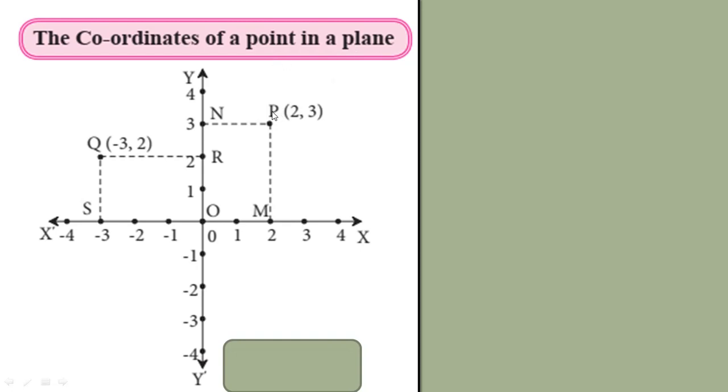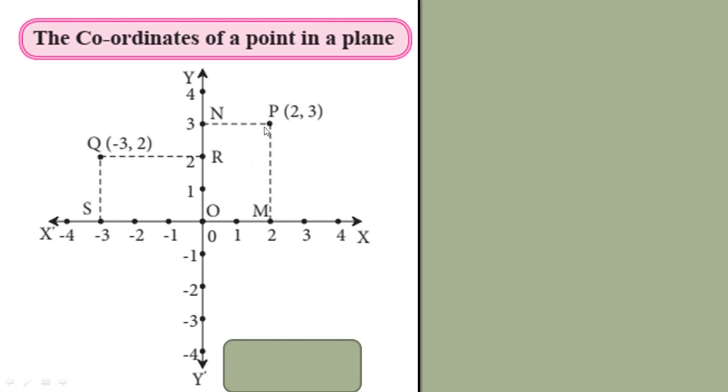We have point P (2, 3). The x coordinate is 2 as it is positive, and the y coordinate is 3. We need to locate this point P (2, 3) on the coordinate system. In the same way, Q (-3, 2); we have to locate these two points in the coordinate system.